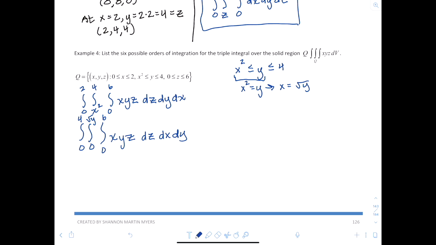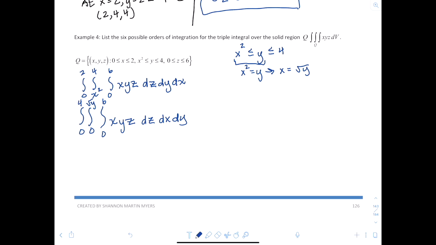Cool, cool? Okay, so now let's take a look at, I don't know, we can go ahead and start having dy in the most inside. So just make my integrals here. x times y times z.